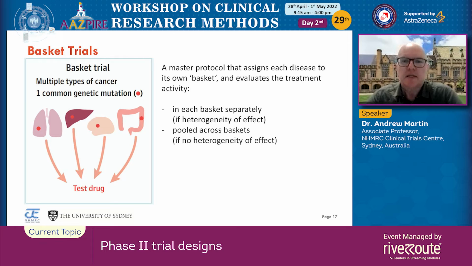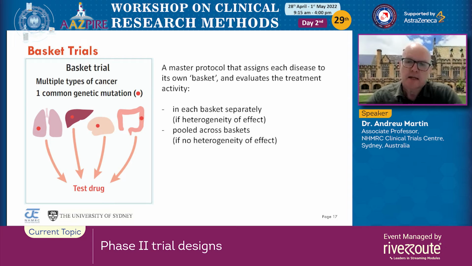Now, one way of thinking about this is to consider each of the different cancer types as being its own standalone single-arm trial, like a Simon's two-stage design. And there is a master protocol that overarches all of these individual single-arm trials.